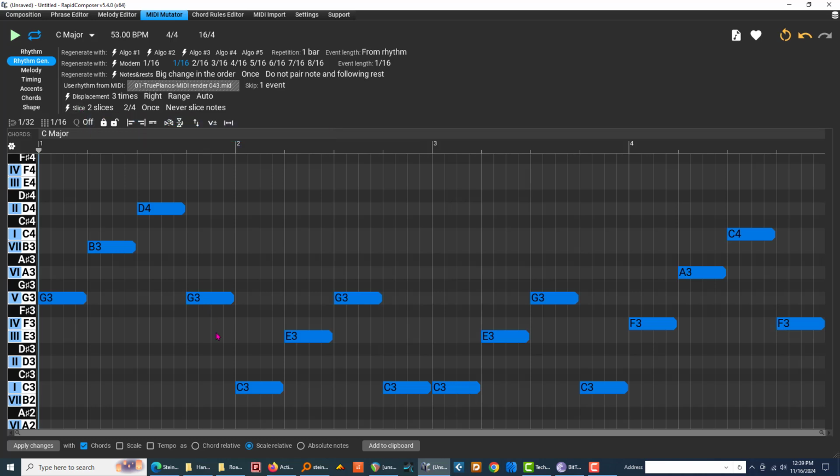Okay, so here's what's happened. Measure 1 is moved to measure 3. Measure 1 was the C triad, right? And that's moved to measure 3. And measure 2, which had been the F triad, F, A, C, that's moved to measure 4.